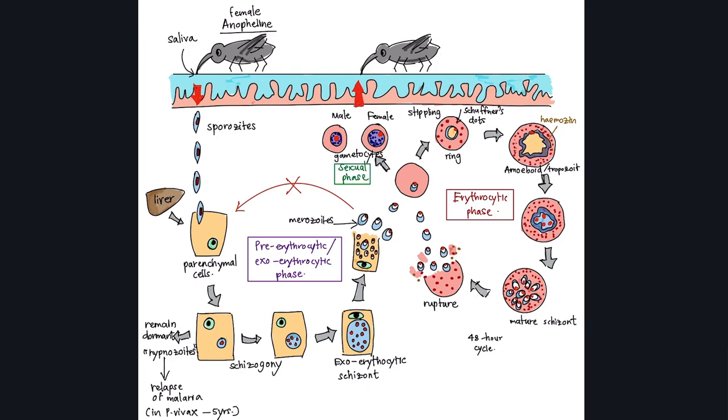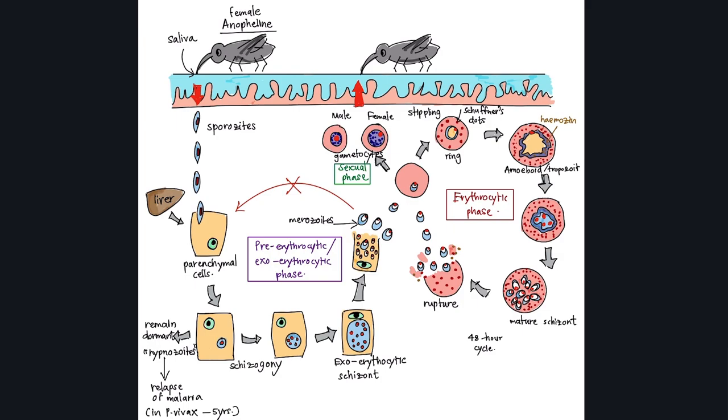These merozoites can enter the red blood cells, but we have to keep in mind that they never re-enter hepatic parenchymal cells. This life cycle phase in the liver we call the pre-erythrocytic phase or exoerythrocytic phase.